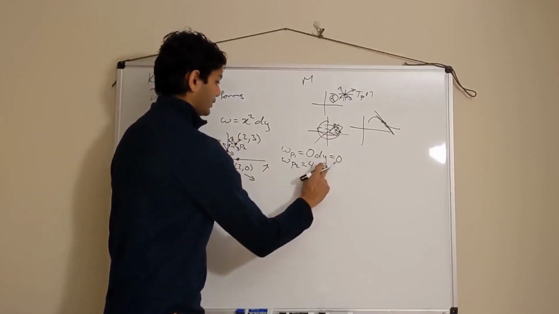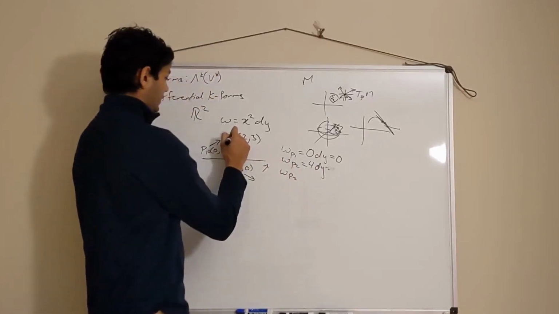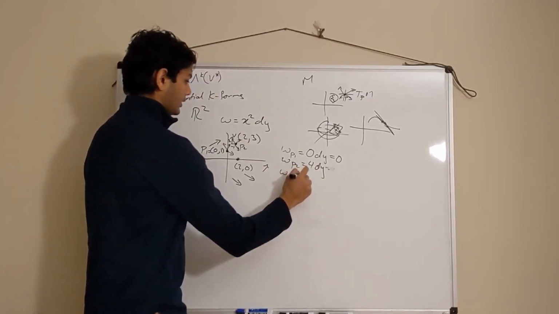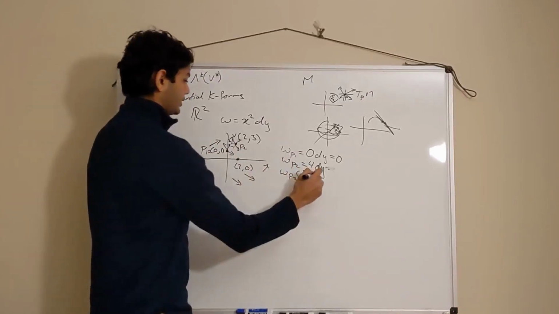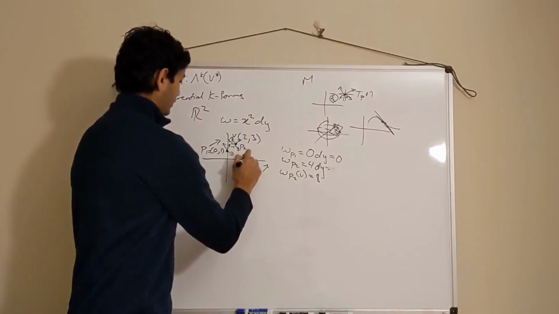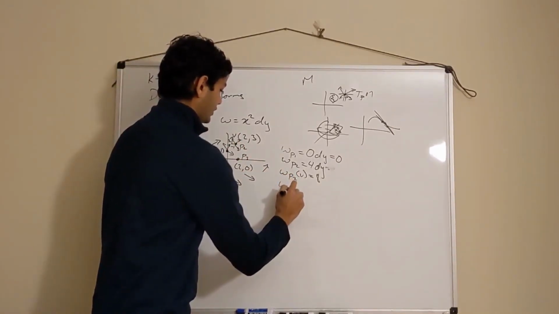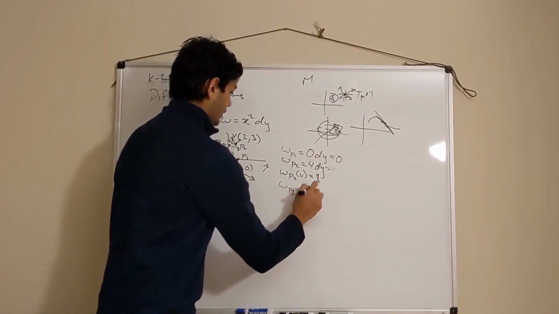So this is going to give us that omega at P2 on this vector v is going to give us 4 times 2, which is 8. And also, if we denote this point by P3, then notice because the x-coordinate is the same, it's 2. So omega at P3 is also going to be equal to 4 dy.